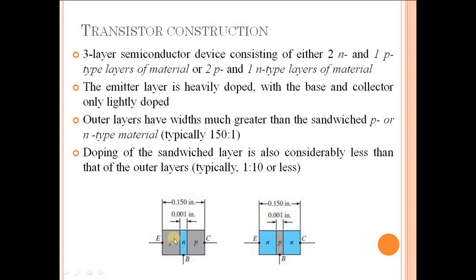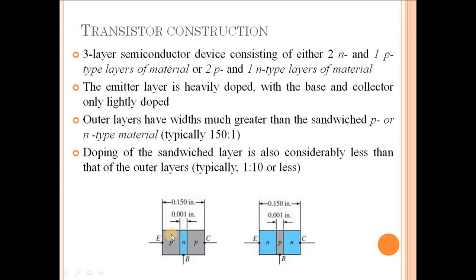You will see that holes and electrons both participate in the injection process during the operation of the BJT, and since both kinds of charge carriers, holes as well as electrons, participate, that is why we call it bipolar.